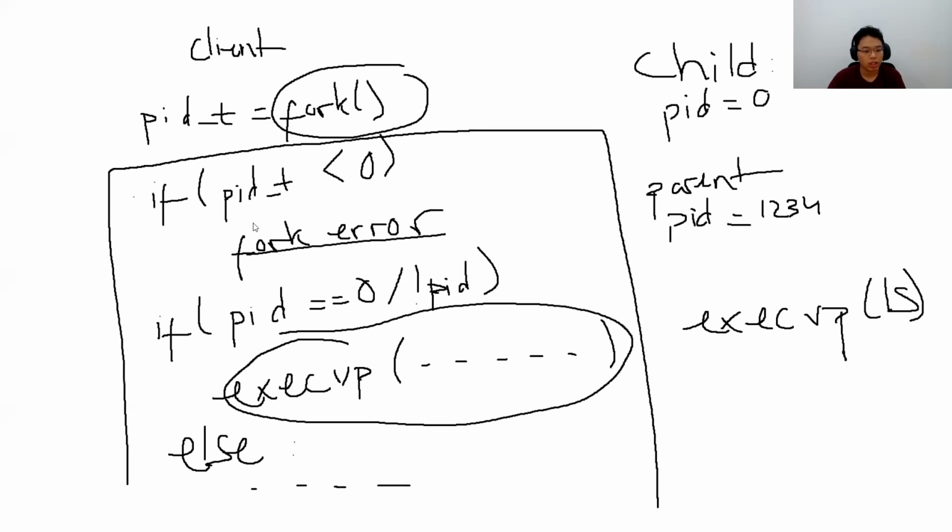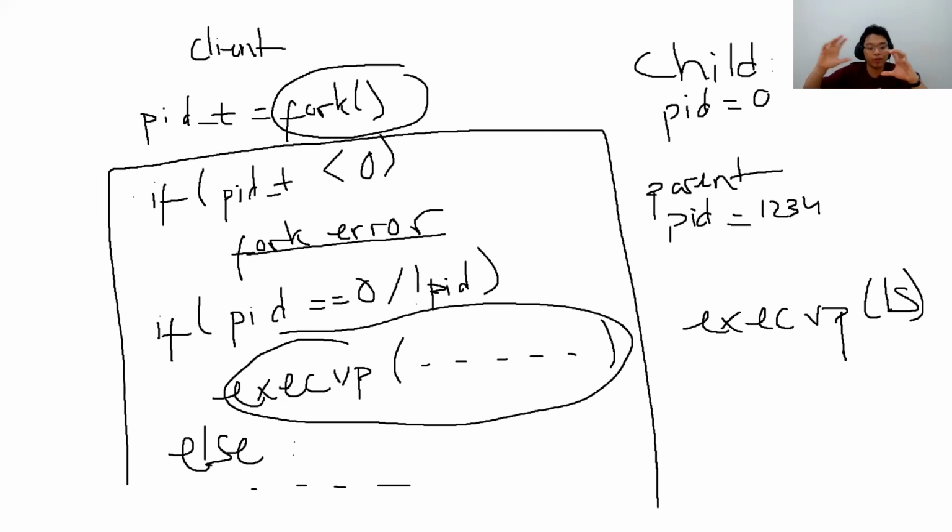So if pid is less than 0, that means it's a fork error, you just end the program immediately, which I've never seen a fork error before. So that would be interesting. So if pid equals 0, or you can do not pid, then you do execvp, because then it only executes within the child.